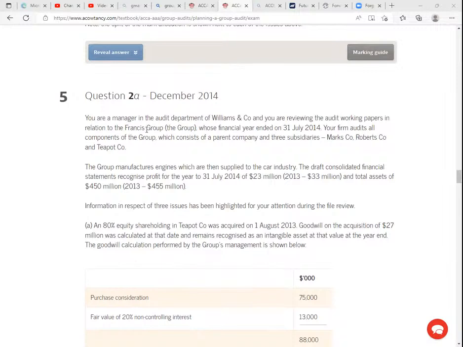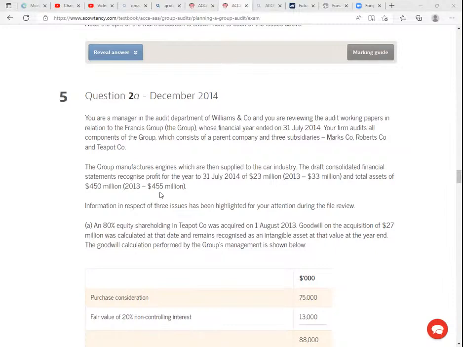Your firm audits all components of the group, which consists of a parent company and 3 subsidiaries, Mark Company, Robert Company, and Teapot Company. Very good names. The group manufactures engines, which are then supplied to the car industry. The draft consolidated financial statements recognize profit for the year to 31st July 2014 of 23 million, 2013, 33 million, and total assets of 450 million.